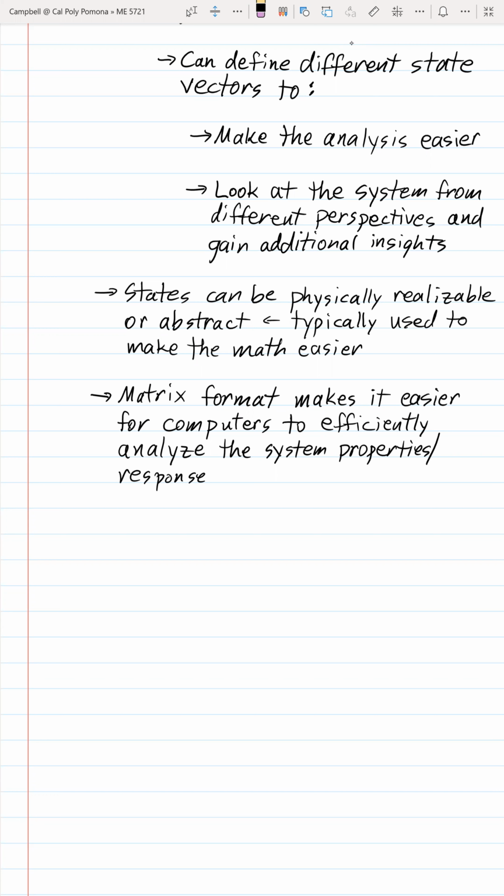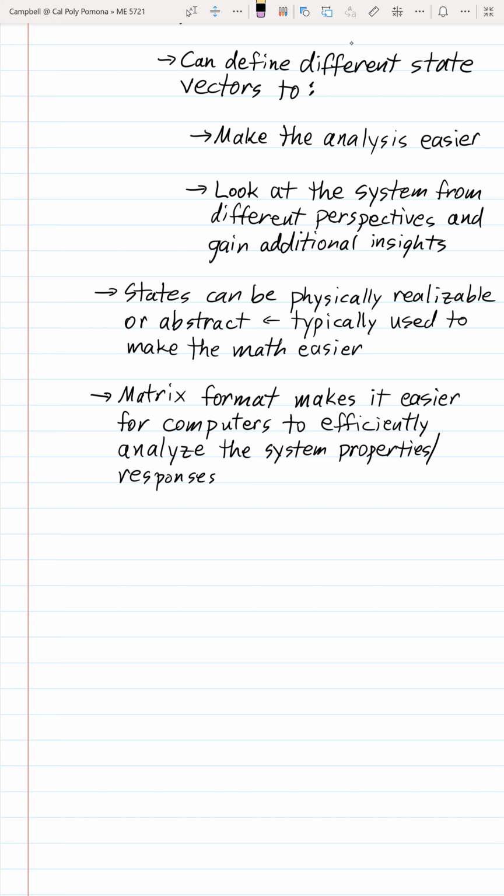So hopefully you can see how this idea of the state space approach really adds a new dimension to how we can look at what's going on with dynamic systems, and of course, eventually how to control those dynamic systems.